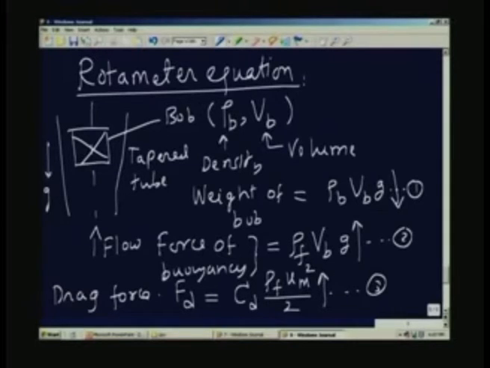So what do we need to do now? The force acting in the downward direction must be exactly balanced by the sum of the forces acting in the upward direction. That means that I have to equate 1 to the sum of the two forces which are given by 2 and 3.